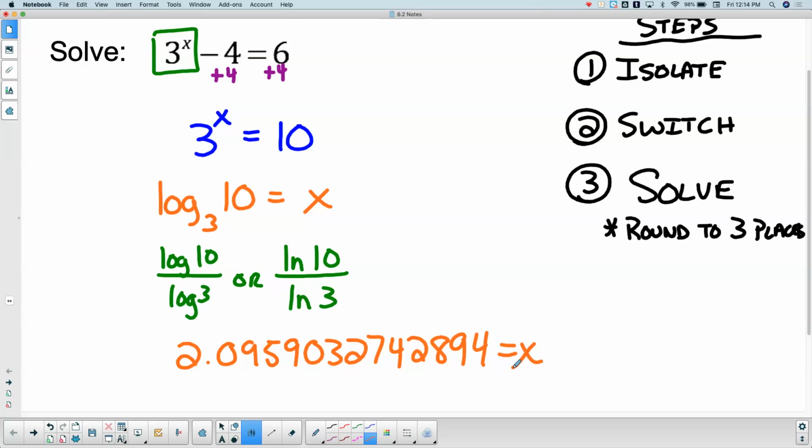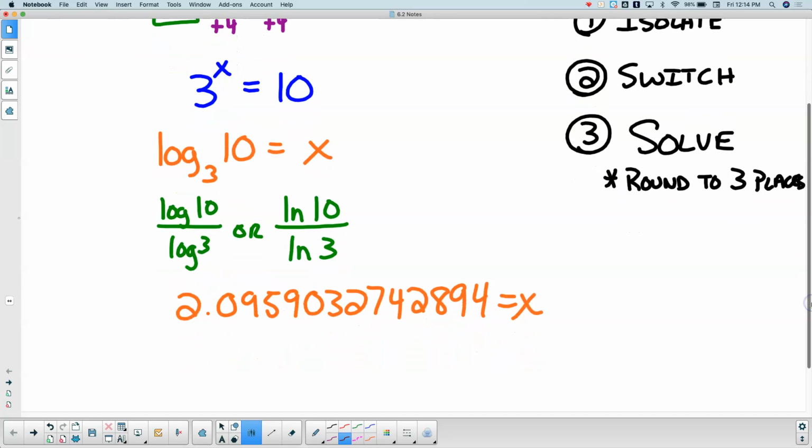Rounded to 3 decimal places, that would be x equals 2.096.